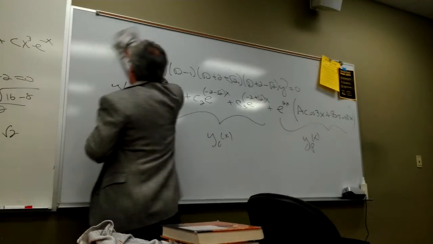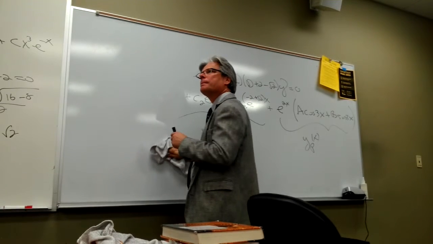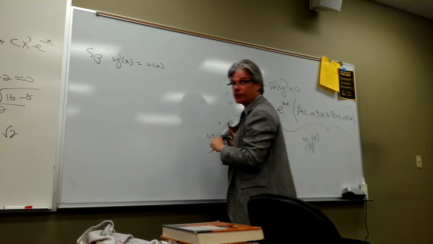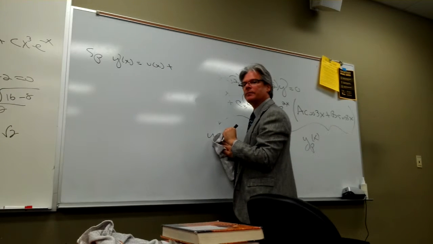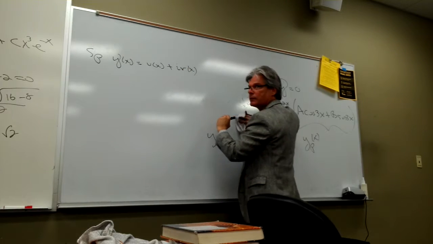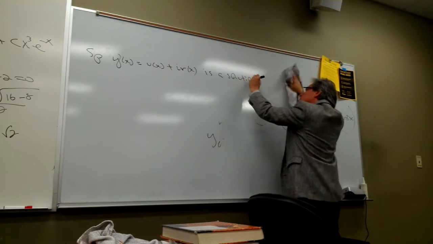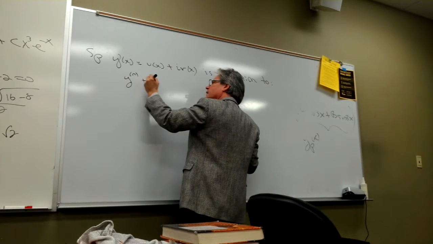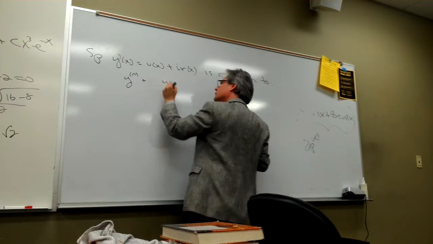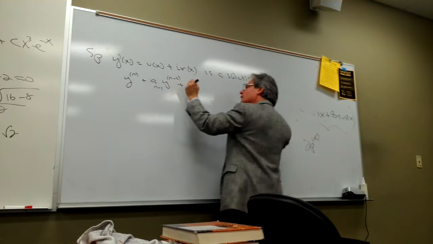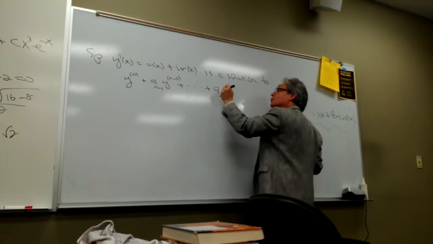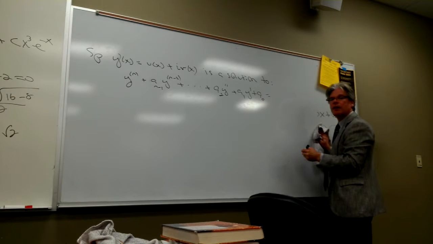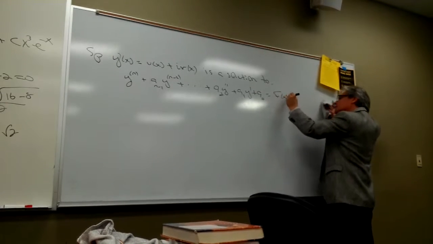So, check this out. Okay. Suppose y of x equals u of x, a function of x, plus, let's make this sophisticated, plus i times v of x is a solution to this special differential equation: a sub n times the nth order derivative of y plus the next order derivative times its coefficient, all the way down to a sub 2 y double prime plus a sub 1 y single prime plus a sub 0 y, is equal to, oh shoot, I'm going to write this up, a complex valued function, a big F of x plus i times G of x.